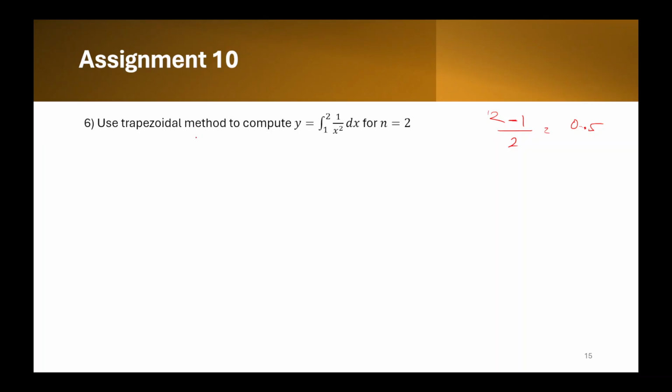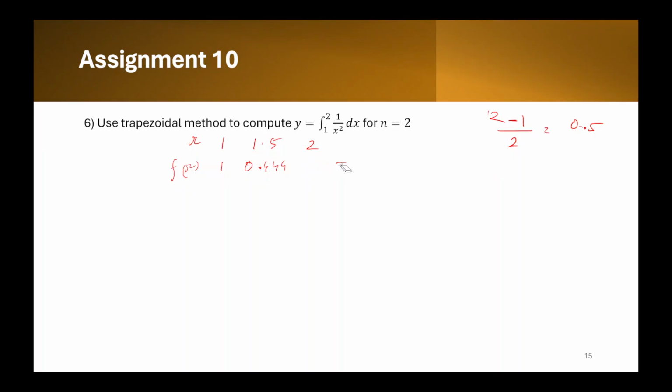So it's basically x is 1, 1.5, and 2, and fx will be 1 by x square. So 1 by 1 square is 1 only. 1 by 1.5 square is 0.444. And then 1 by 2 square is 0.25.